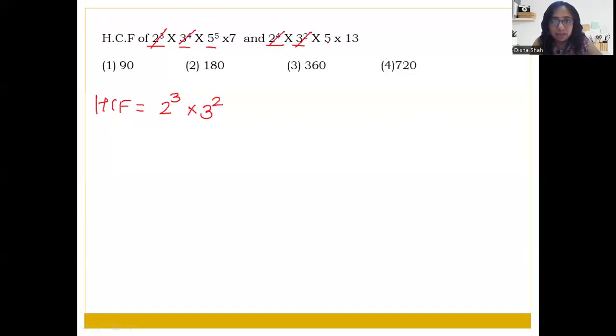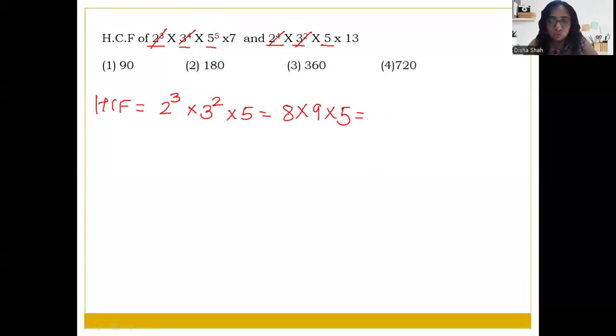This is 5 raised to 5 and 5, take the power which is less. The answer is 8 into 9 into 5. How will you do 8 into 9 into 5? You would do 72 into 5, but many students cannot do 72 into 5, so don't do that, do this: 8 into 5 is 40, so 40 into 9 is equal to 360.